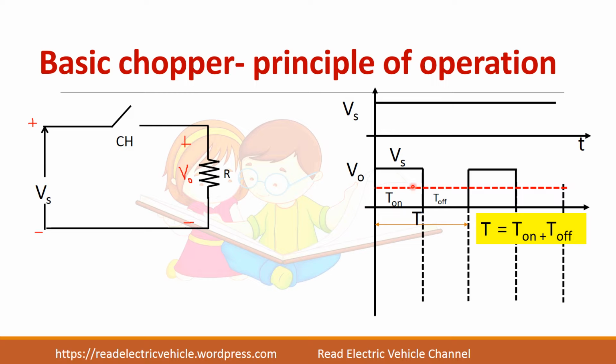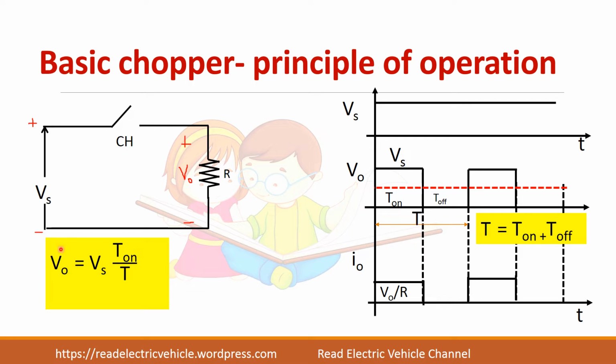Now you see a red dotted line, that is the average voltage. This average voltage will be applied to the DC motor as input. And this is the current. Since it is a resistive load, V0 and I0 will be in phase, so the magnitude will be V0 by R. The output voltage we can write as Vs into on time period divided by total time period.